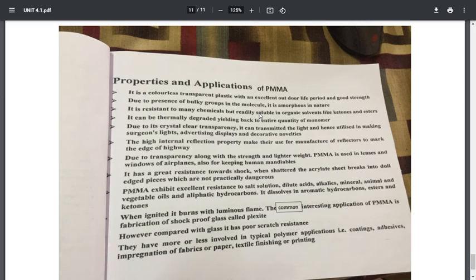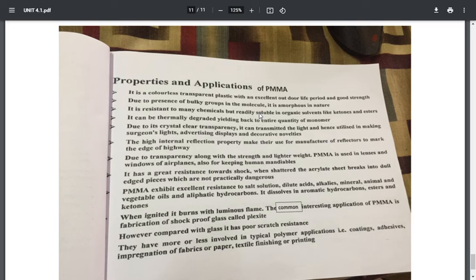Due to presence of bulky ester groups in the molecule, it is amorphous in nature. It is resistant to many chemicals but readily soluble in organic solvents like ketones and esters. It can be thermally degraded, yielding back the entire quantity of monomer.